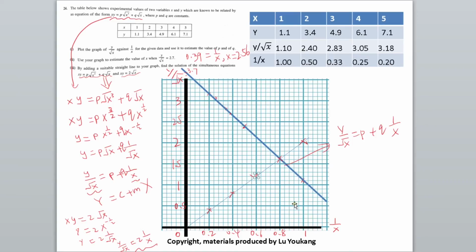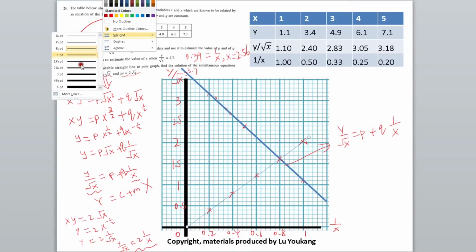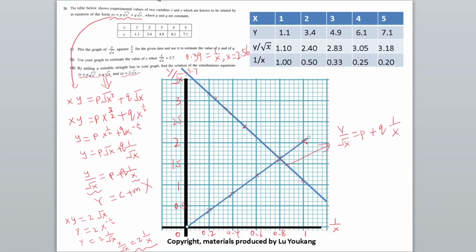So I am moving this point back. Now all the points are correctly placed. Let me darken this line, and I should use a different color. Okay, I use red.